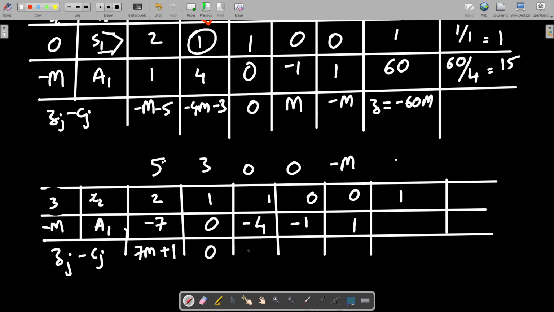This will become plus 4M plus 1, and this is actually M into 1, that will give me plus M, the other term will give me 0, and this will become 0.